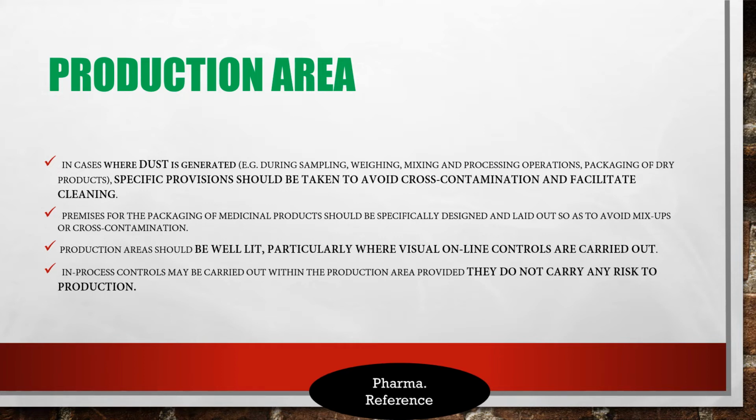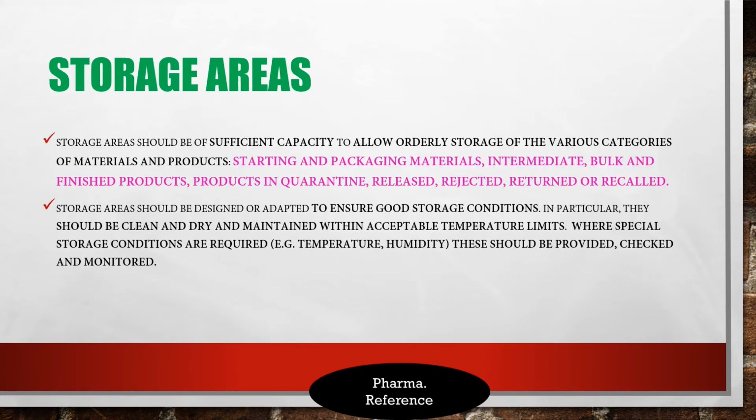Production areas should be well lit, particularly where visual online controls are carried out. In-process controls may be carried out within the production area provided they do not create any risk to production.